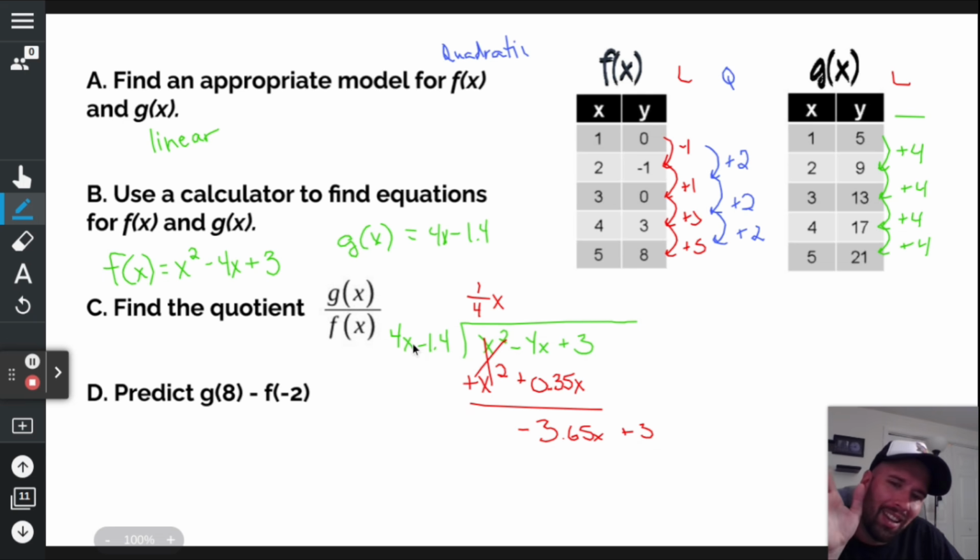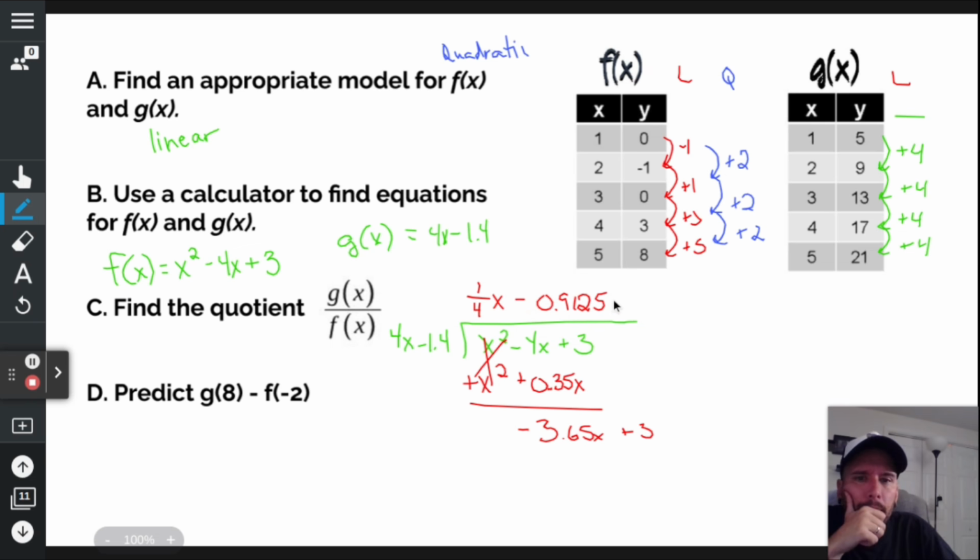4 times what gets me negative 3.65x? Negative 3.65 divided by 4 is? The answer is negative 0.9125. Negative 0.9125 x.